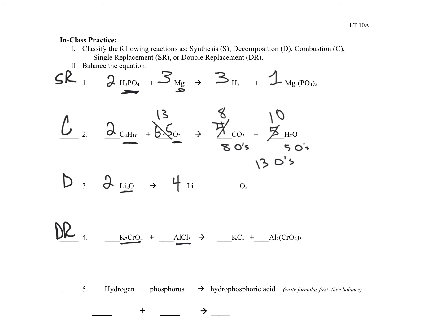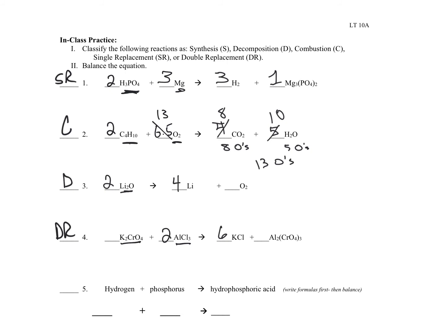So to balance, you figure out where you want to start. Let's look at Ks. I have two Ks on the left, one on the right, so that gives me a 2 there. Now maybe you want to look at Cl, and you see I have 2 on the right, 3 on the left, which means I'm actually not going to need a 2 there. That's going to end up being a 6.